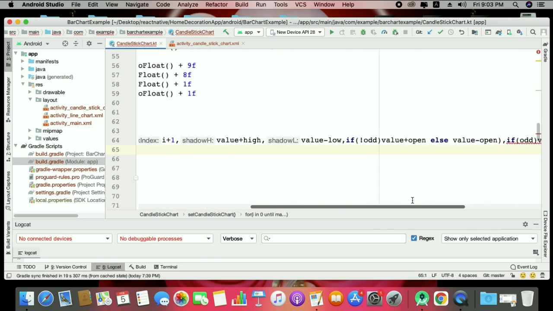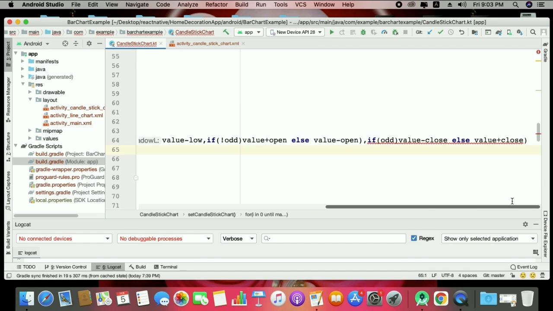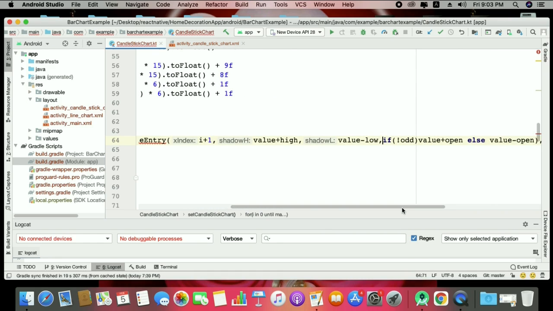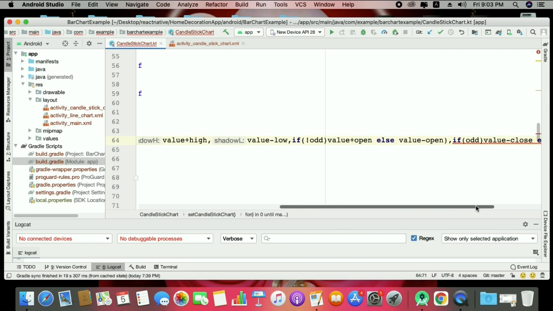Okay, but what happened with this, let's see. This is your X indexing, shadow H, shadow L, and that is the conditional values here. Okay, don't use this bracket, yeah, and use this bracket here.